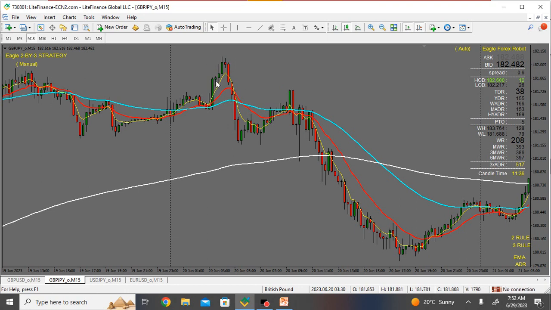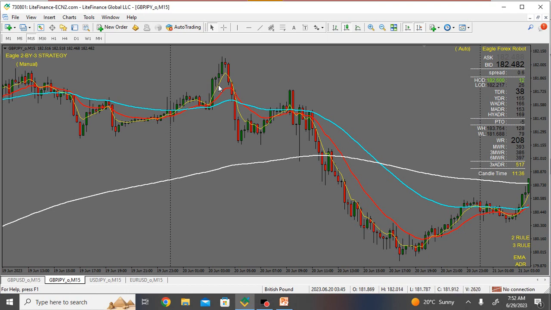But the next one was not a qualified candle. The third one, so here there is no rule of buying because the first candle, second candle is not qualifying the low.